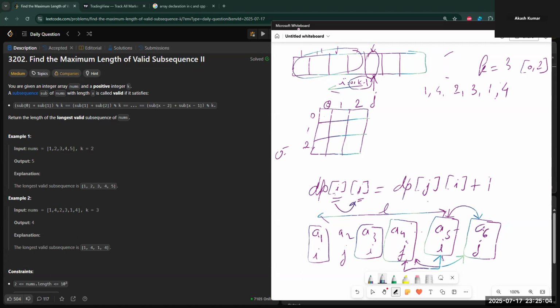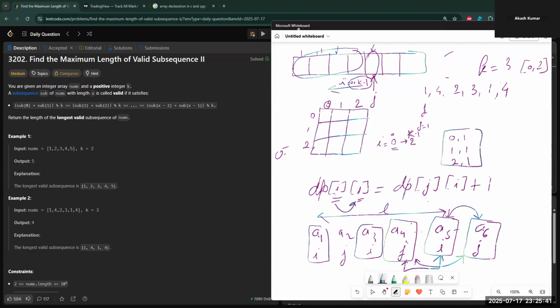The first element is one, so here j is equal to one. Now we traverse i from 0 to 2, that is 0 to k minus 1. If the previous value is 0, we have the 0, 1 pair; then 1, 1; then 2, 1.